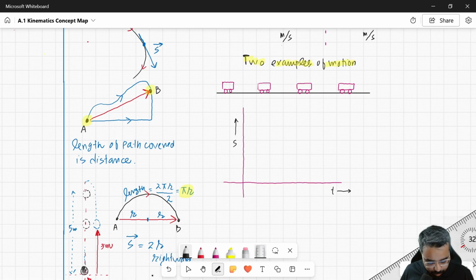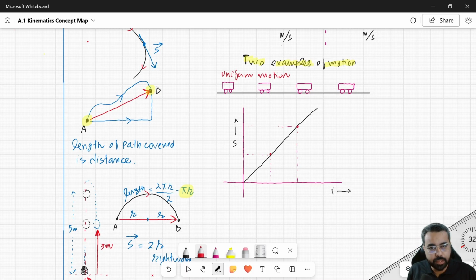So what points will you take? We will get these points. You see that after every next interval, it is covering the same amount of distance. And if I join all of these points, this will be the graph of uniform motion. So basically I wanted to explain uniform motion with the help of this diagram, in which the displacement is changing at the same rate as the time changes.